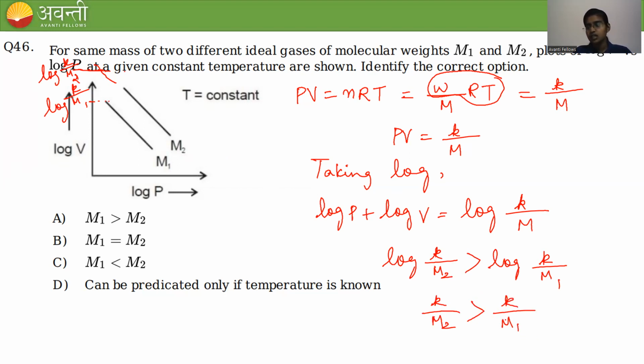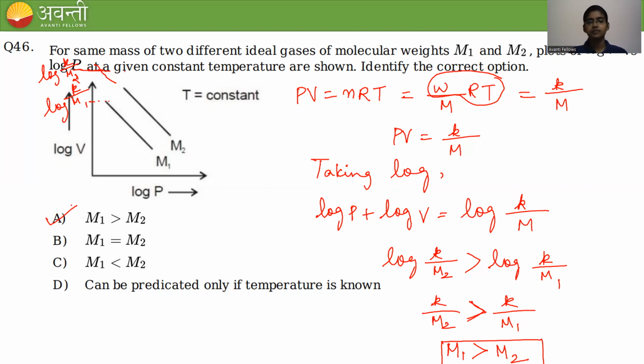The denominator M2 is very less, which means it has the greatest value compared to the other. As the denominator increases, the whole value decreases. So the relationship between M1 and M2 is M1 greater than M2. So option A is the correct answer for this question.